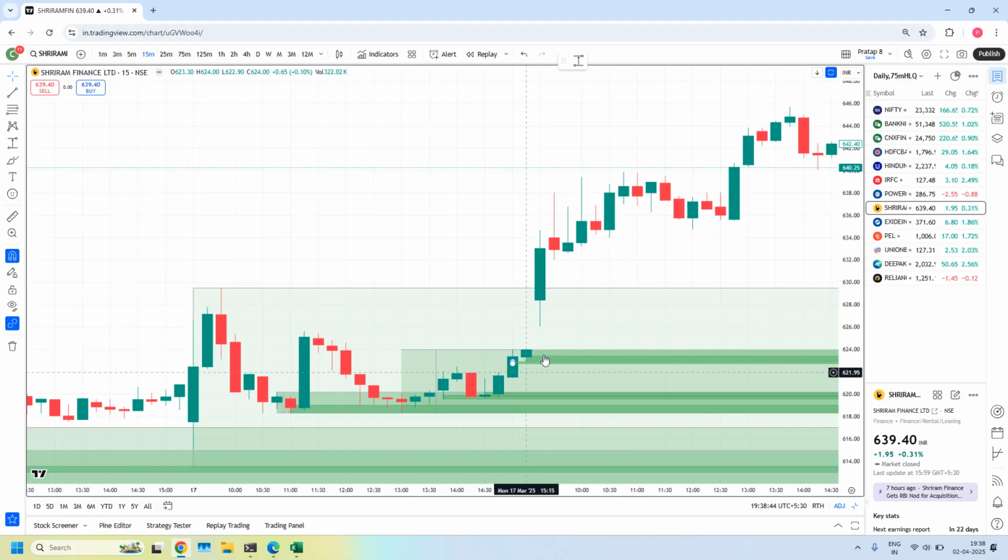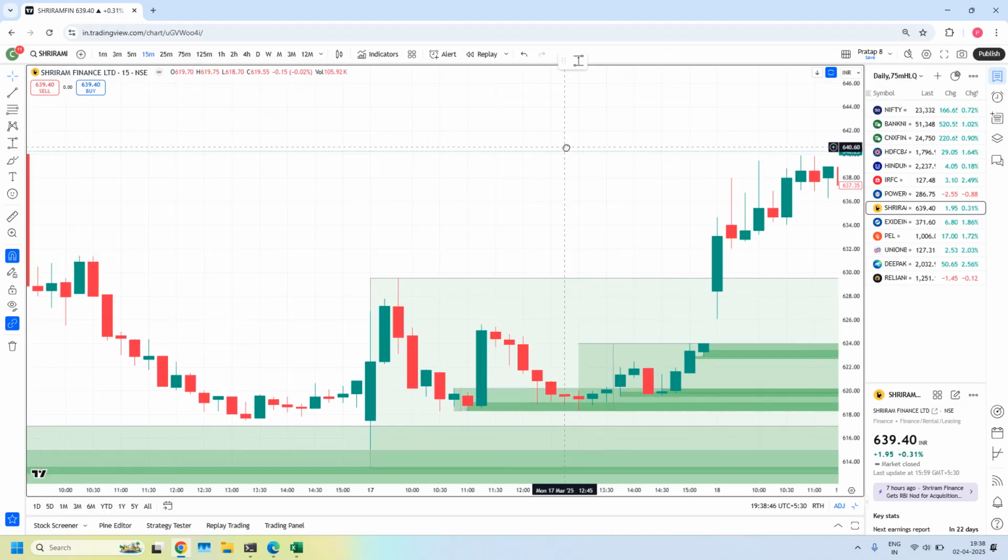This is the 15 minute zone. And also here you see drop, base, rally. This is the 15 minute zone as an origin to this 75 minute zone. This drop, base, rally. So we have a lower time frame origin for this 75 minute zone, and also we have a fine tuned zone.